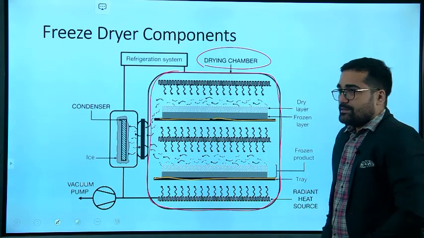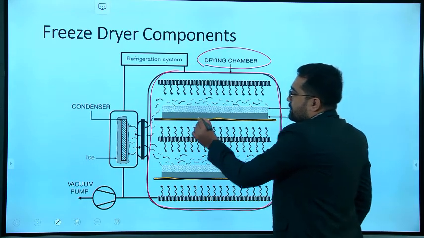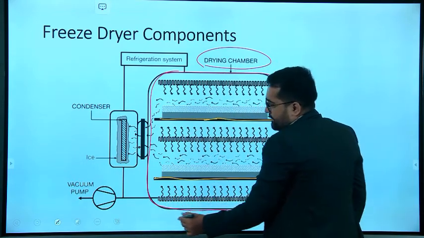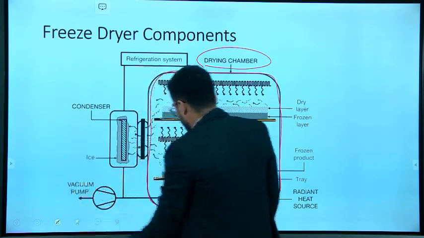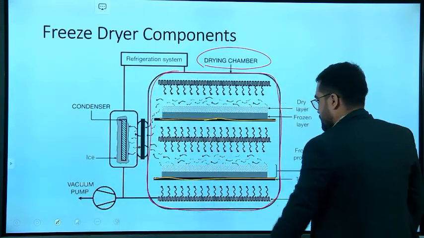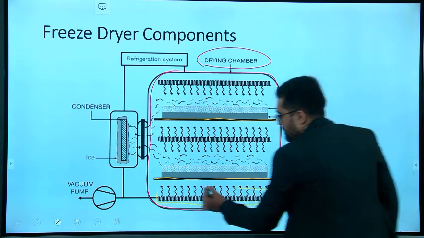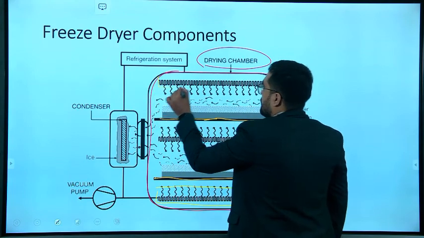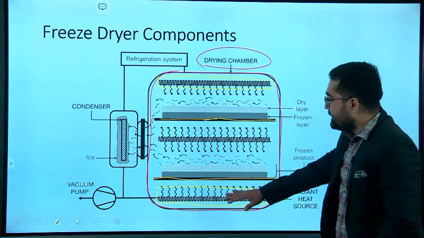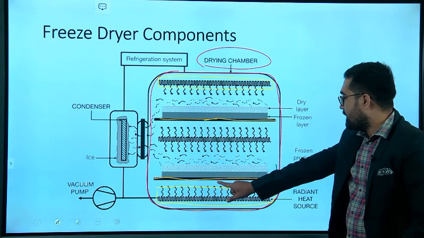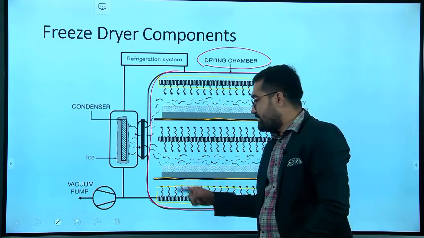And these are the heating elements, the radiant heating elements. These trays also have heating inside them. This causes the conductive and convective heat transfer.